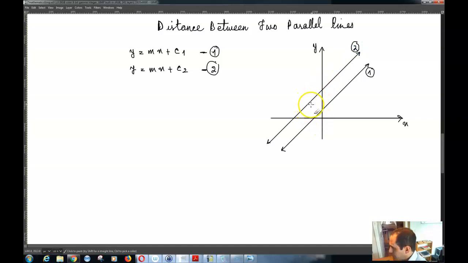Now as you can see, this line 1 goes through the x-axis at this point. We can use this in order to find the distance between the 2 lines.